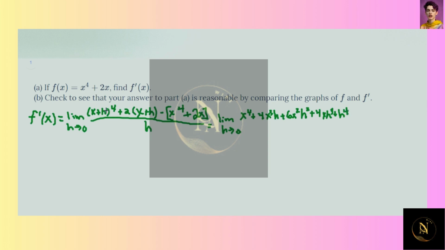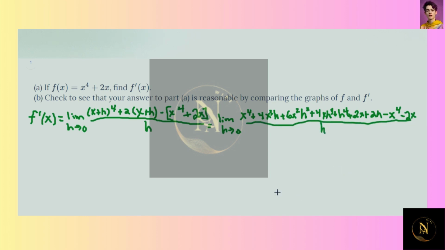That's just this binomial to the fourth power. Then we're going to distribute the 2 here to the x and the h, so plus 2x plus 2h. And then we're going to subtract x to the fourth and 2x as well. Okay, and this is all over h.